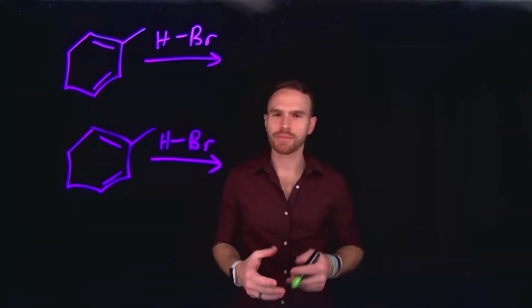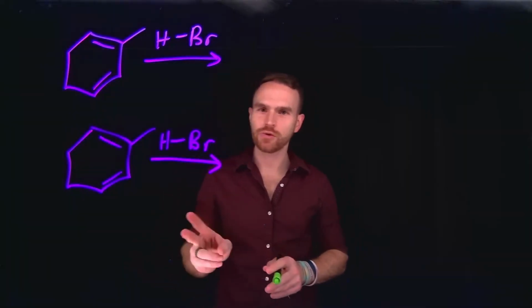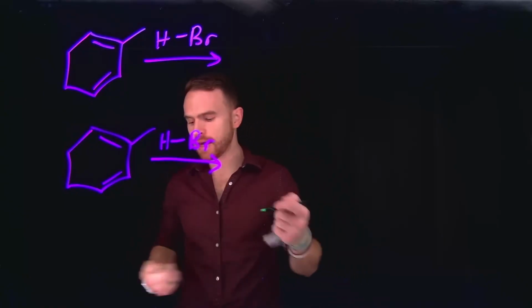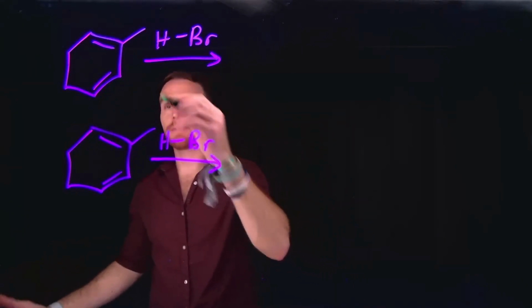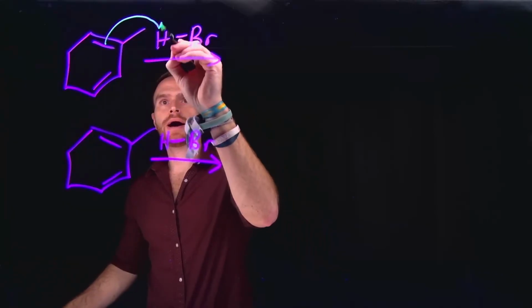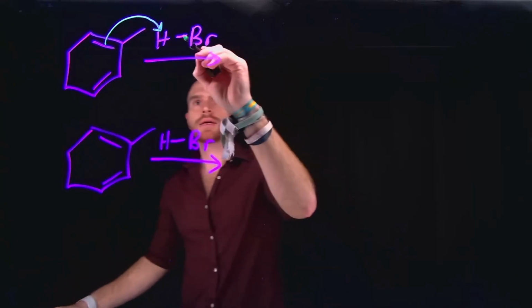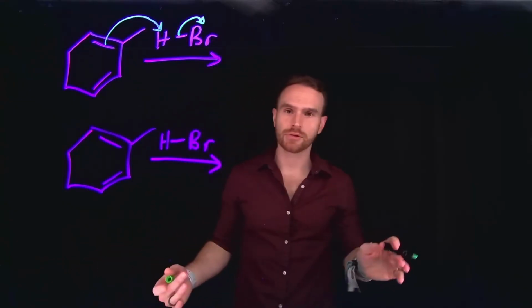Now for this problem, let's first look at two incorrect or wrong answers. So some of you may have predicted that the very first step that might happen is the pi electrons will act as a nucleophile for the electrophile proton, kicking off the bromide, which is absolutely fine.